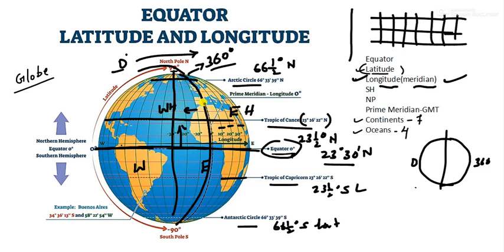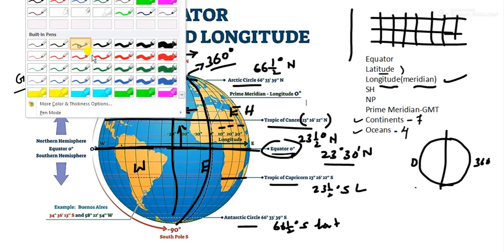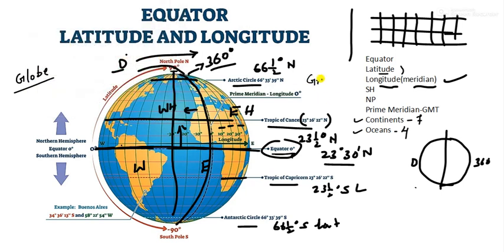It has been assumed that this 0 degree line passes through a place called Greenwich in London.